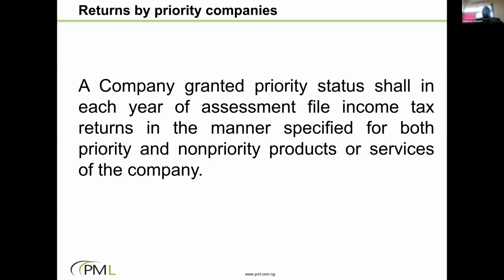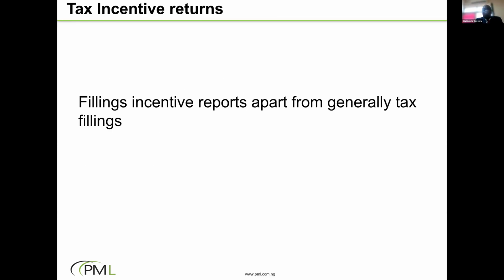If the activity or the product that the company is producing is such that it helps the government with economic development, that will lead to economic development in the country, then we can say that that's priority. I think that in the future, maybe tomorrow when we're talking about EDI, we'll talk more about this particular aspect. Then there are also tax incentive returns.